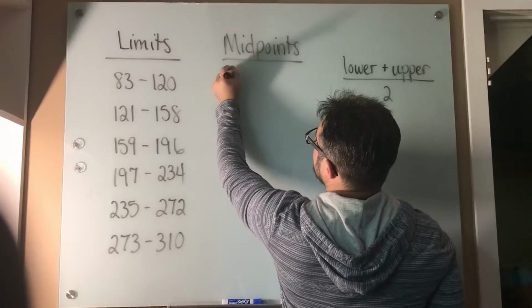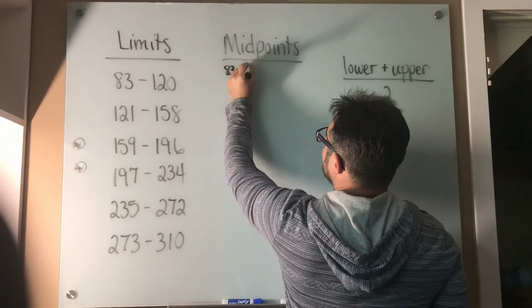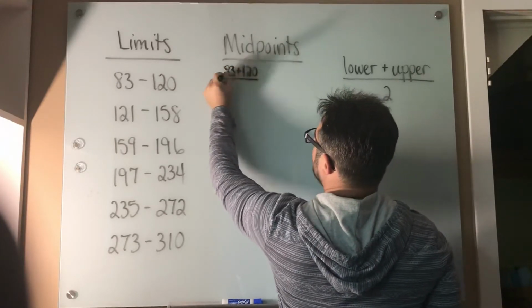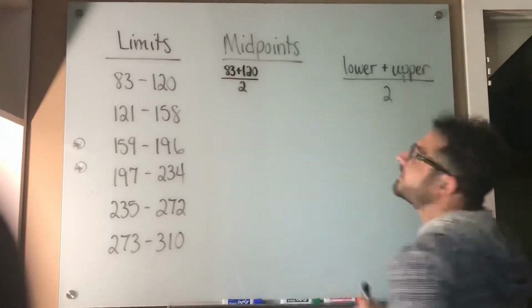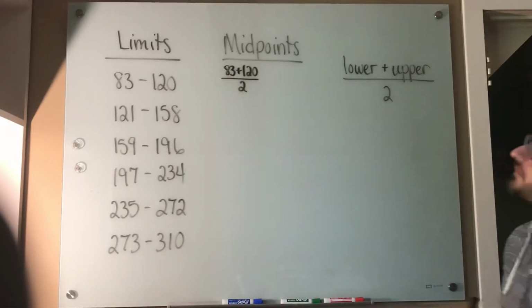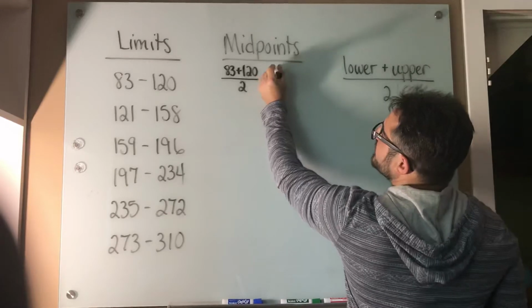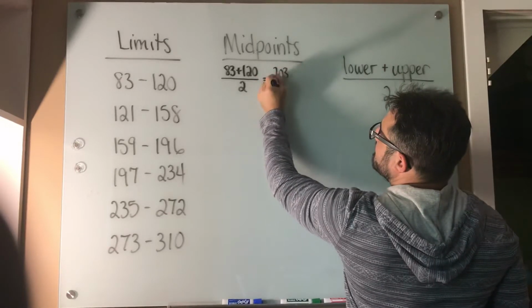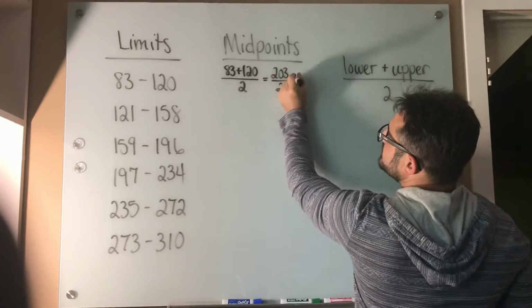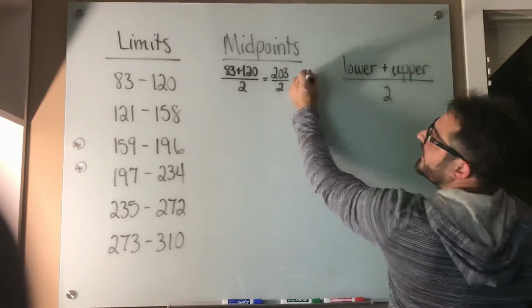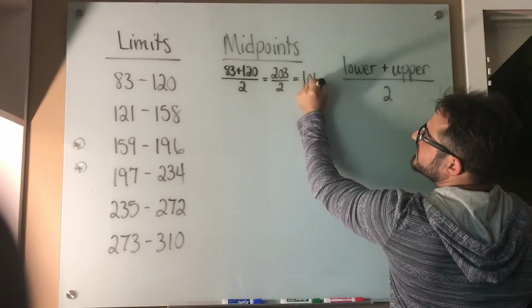So in this case, for the first class, we have 83 plus 120 over 2. That is 203 over 2. And again, calculators are our friends here.